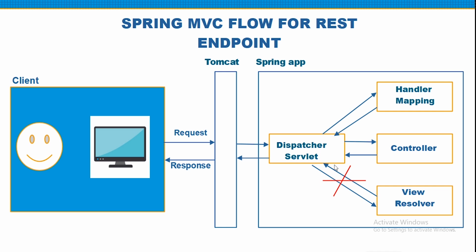But here you can see we cancel this view. That means there is no view involved here. It just returns the value from the action as a response body to the client. So this is the Spring MVC flow for the REST endpoint.